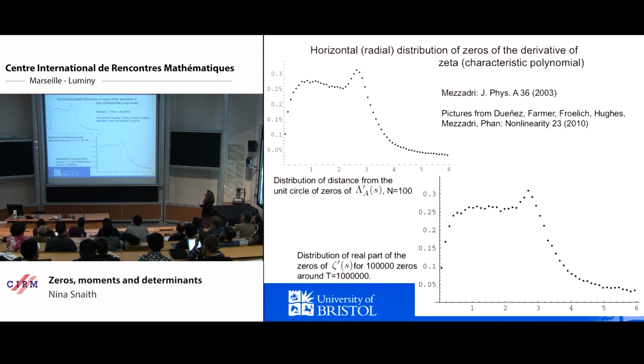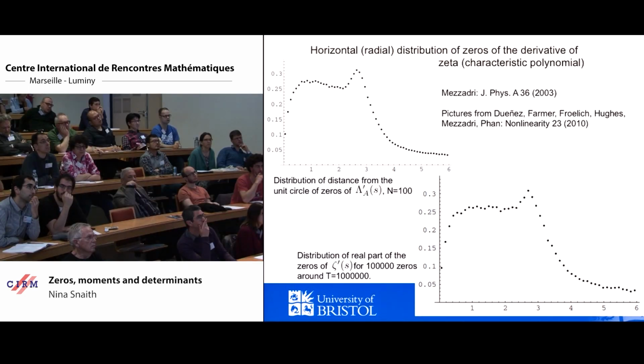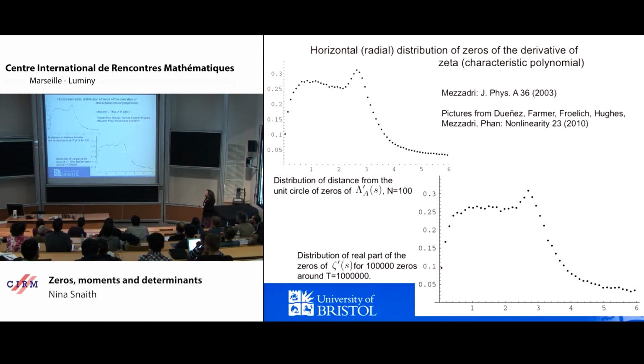So these are results. Francesco is here, and then later a team of people. So this is the picture for random matrix theory: the radial distribution of zeros of the derivative of the characteristic polynomial. And this is the equivalent picture for the horizontal distribution of zeros of the derivative of zeta.